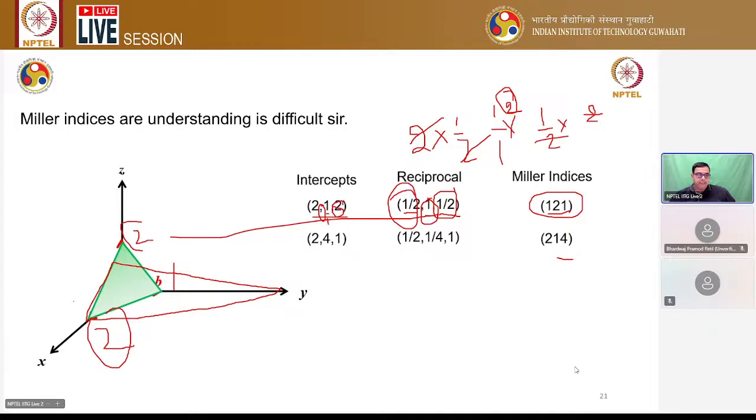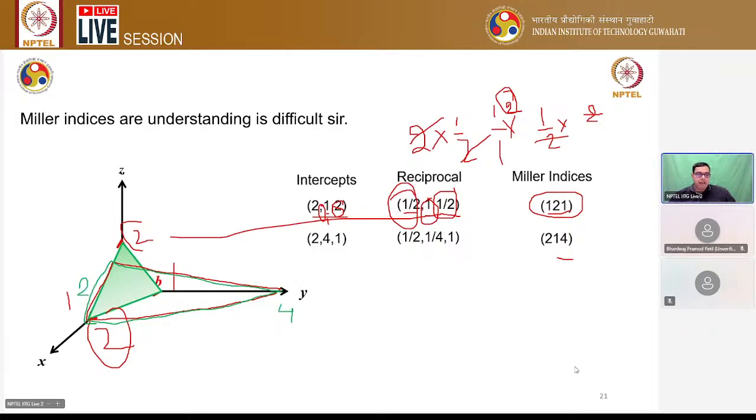For the second case, let me take a different color. This is my plane. The intercepts are 2, 4, and 1.